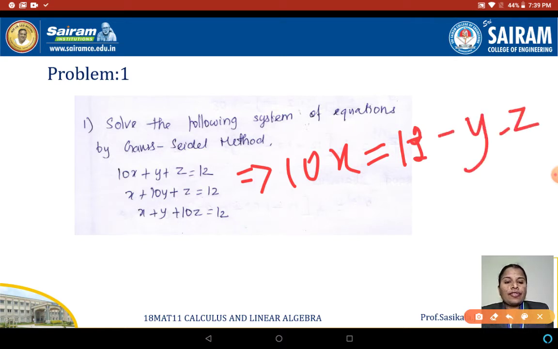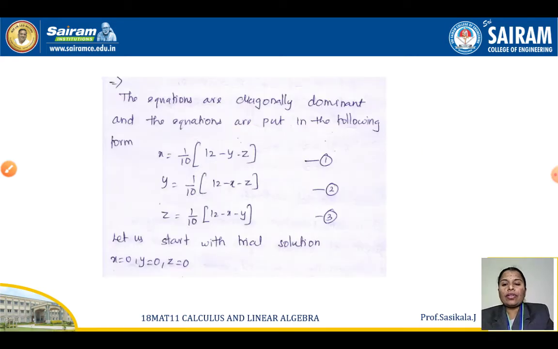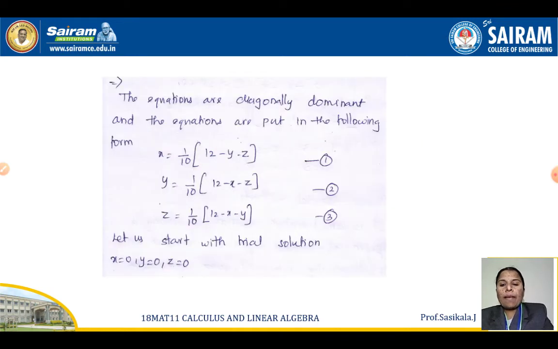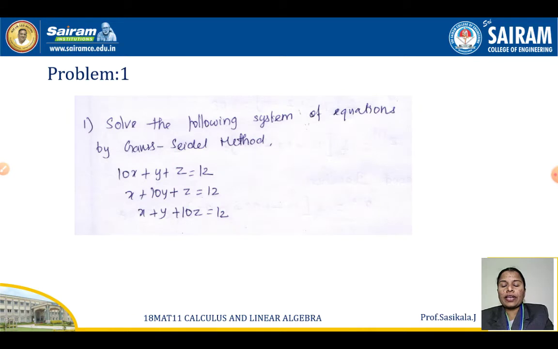Then keeping x alone, we get x equals 1 by 10 of (12 minus y minus z). The next one, y is equal to 1 by 10. Similarly, we can write 10y is equal to 12 minus x minus z.